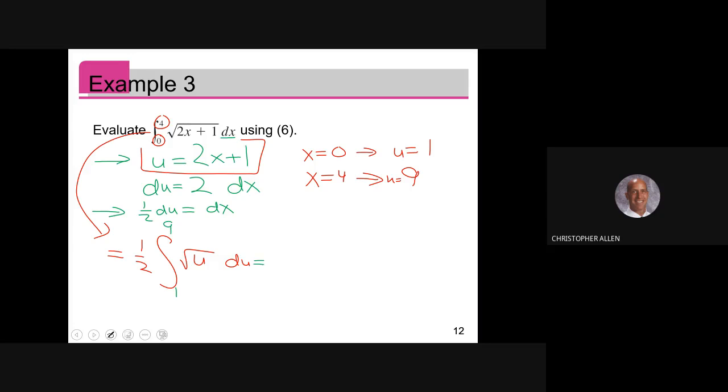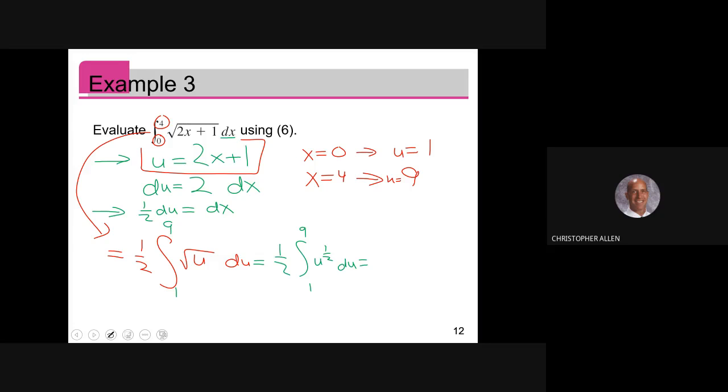So I'm going to change that exponent to 1/2, right? We've actually already done this here today. What is the antiderivative of u to the 1/2? What's the antiderivative of x to the 1/2? Well, you're going to add 1 to the exponent, and then you have to divide by it.